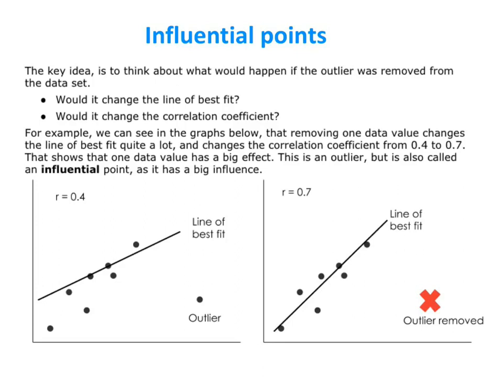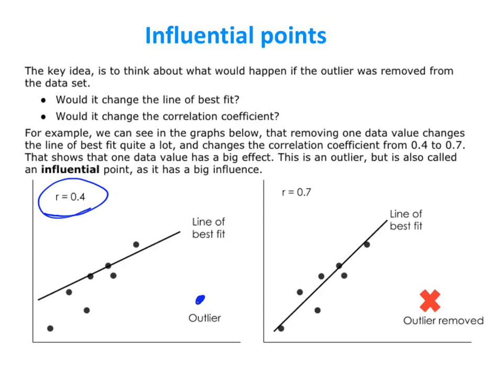Some outliers are also influential points. An influential point is a point that has a lot of influence over our model. If I've got this particular outlier down the bottom and I do a line of best fit, that would give me a correlation coefficient of 0.4.